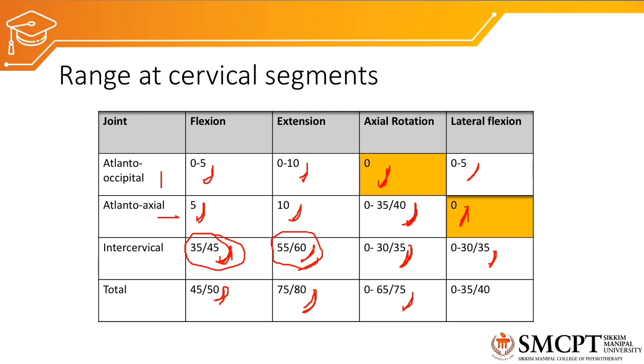The majority of the axial rotation occurs at the atlantoaxial joint and C3 to C7 area. There is zero range at the atlanto-occipital joint. The majority of lateral flexion also occurs at the C3 to C7 area. There is no lateral flexion at the atlantoaxial joint.